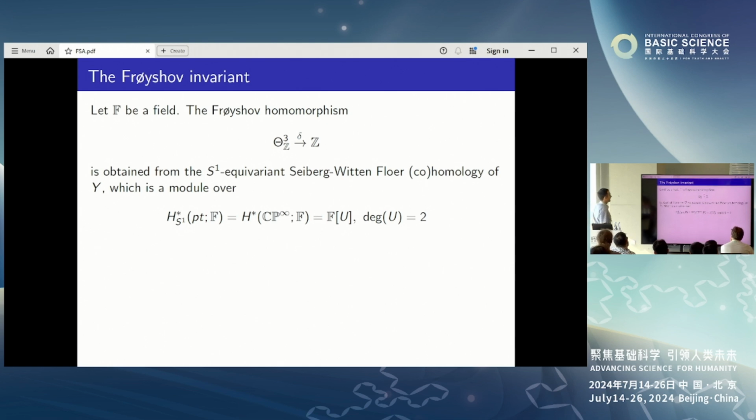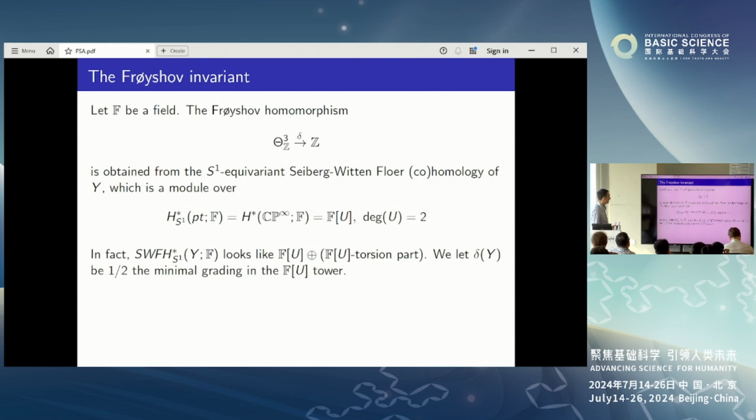Once you have this group, you can construct a homomorphism from the homology cobordism group to Z. This is called the Frøyshov homomorphism. The idea is you have the Seiberg-Witten Floer homology of Y, which is a module over the equivariant homology of a point, where F is a field. If you look at the S1 equivariant homology, it is F[U], the cohomology of CP infinity.